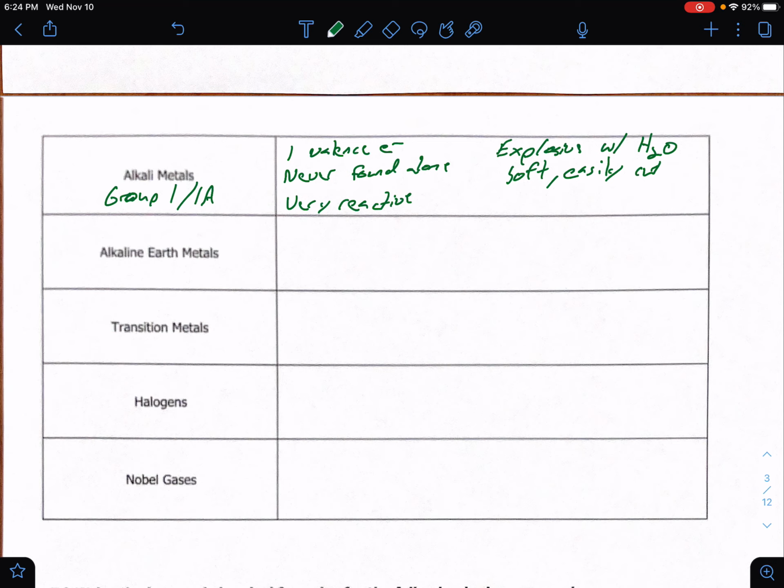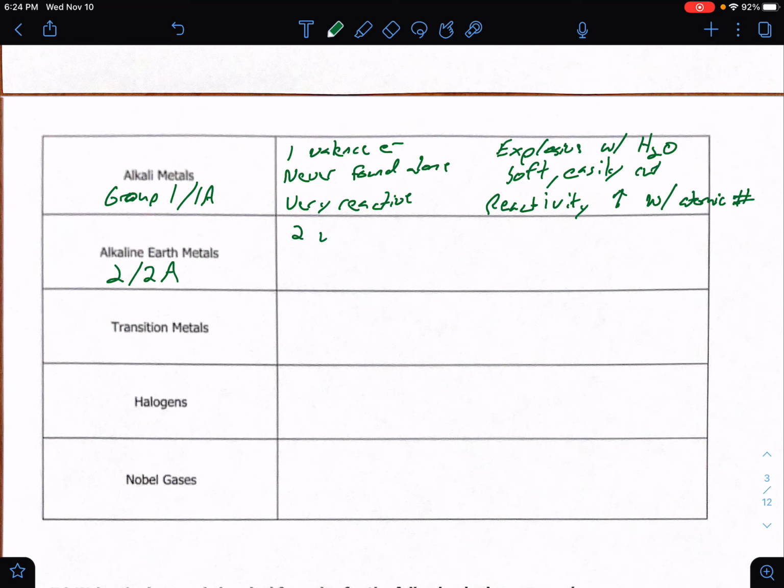And then their reactivity, so basically how well they bond or how much they want to bond, will increase as you go down, or with atomic number. Now, alkaline earth metals are going to be your group 2/2A.